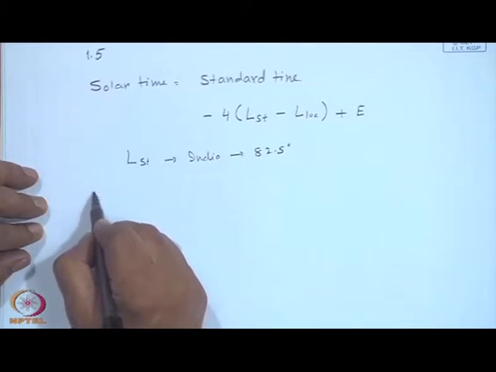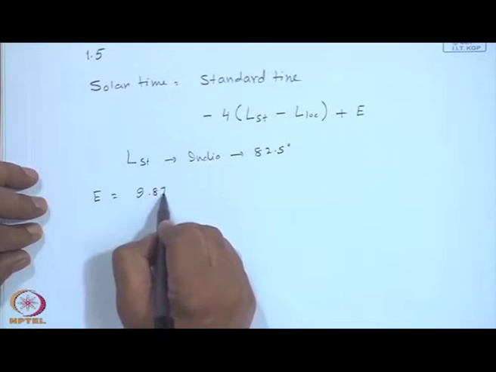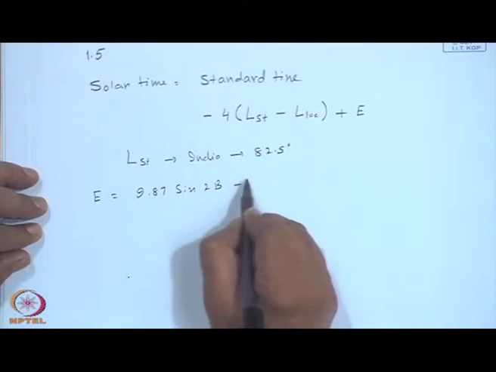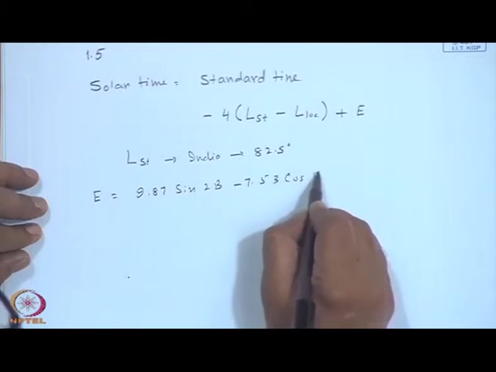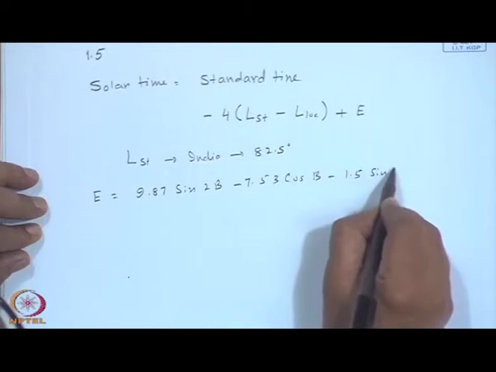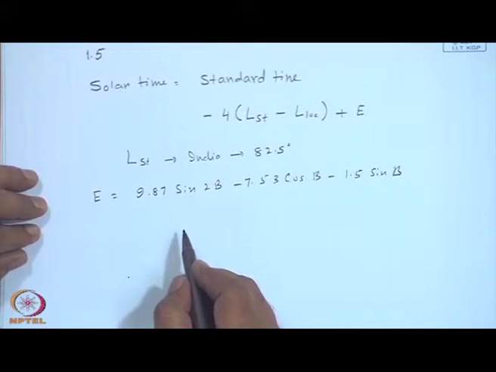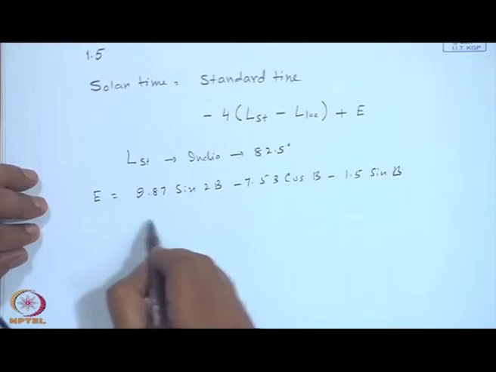And the equation of time E is 9.87 sin 2B minus 7.53 cos B minus 1.5 sin B. You may please check with the earlier equations that we have written. I am deliberately repeating, so that at least one will be correct.